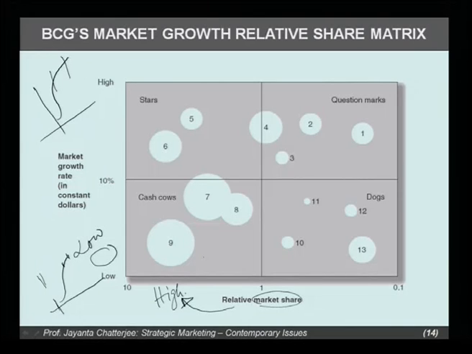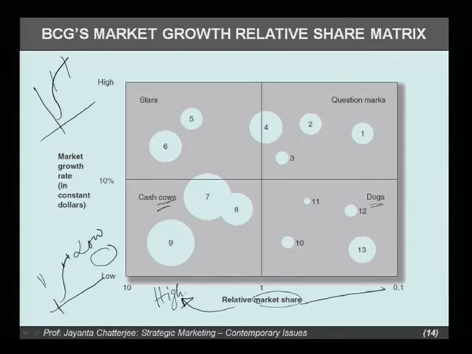There are many people who have later on protested against this use of cow, dog and such terminologies, but let us stay with the traditional terms that were used for these segments in the original BCG matrix.